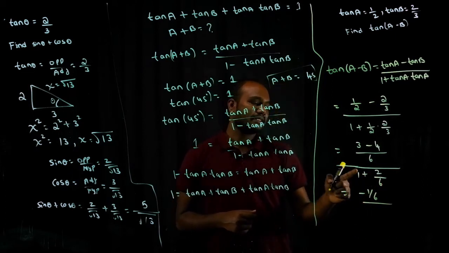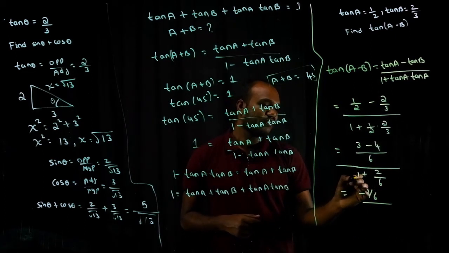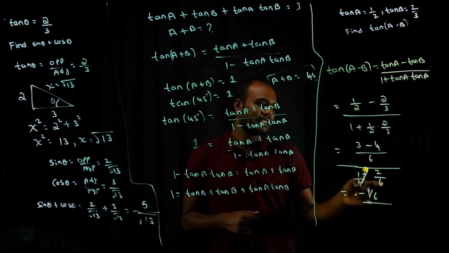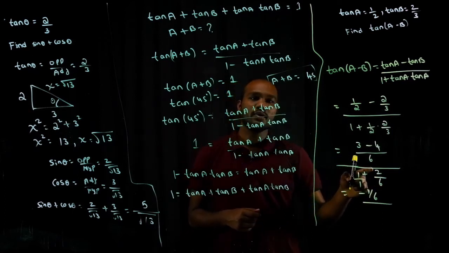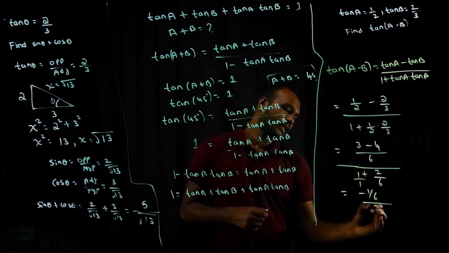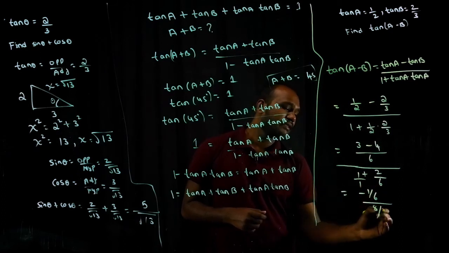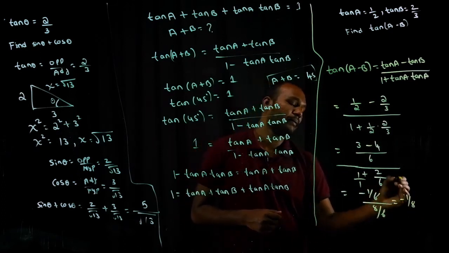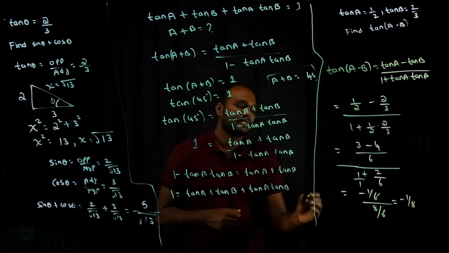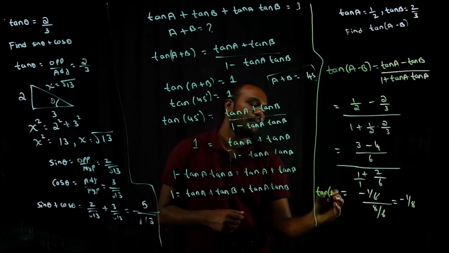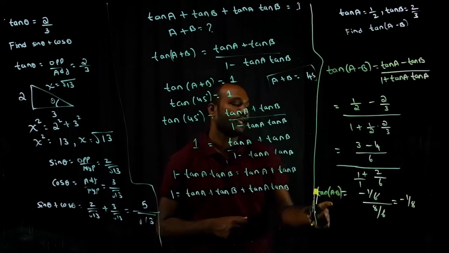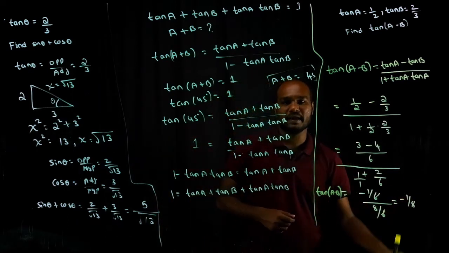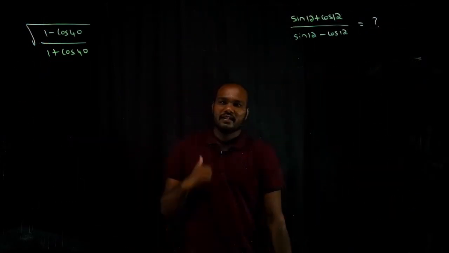In the denominator, 6 into 1 is 6 plus 1 into 2 is 2, 6 plus 2 is 8, over 6. If I cancel this 6 and this 6, I'll get minus 1 by 8. So tan of A minus B is minus 1 by 8.